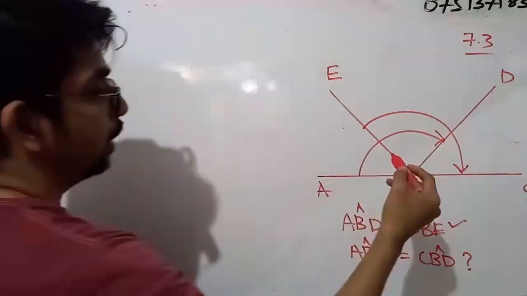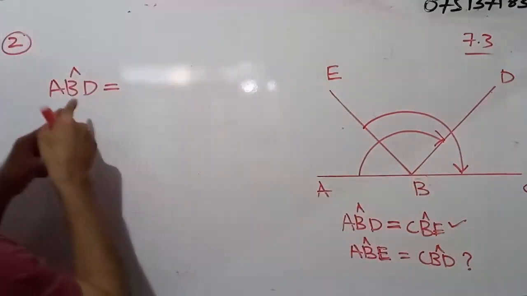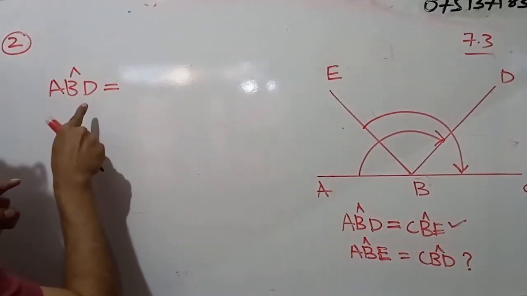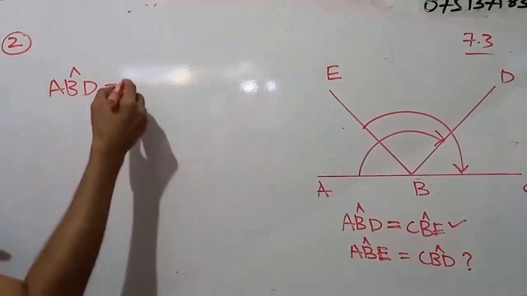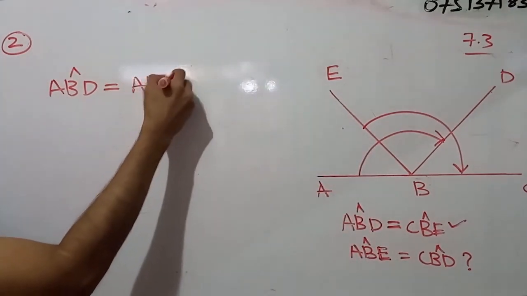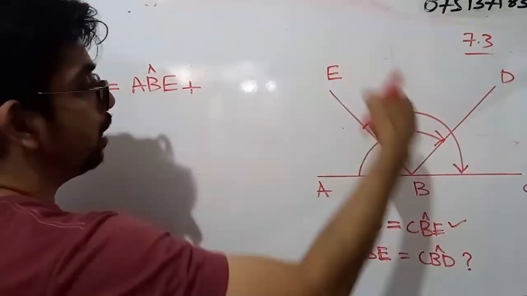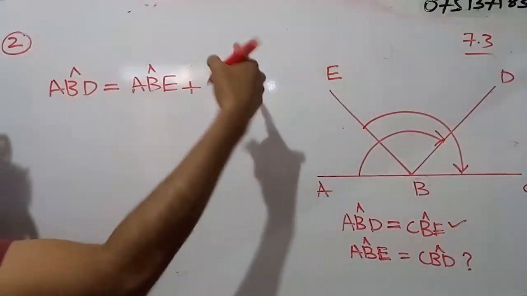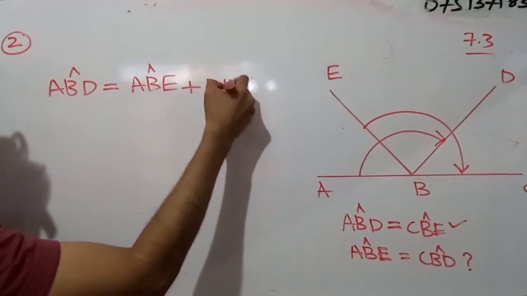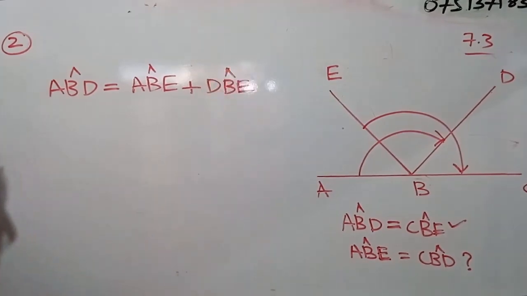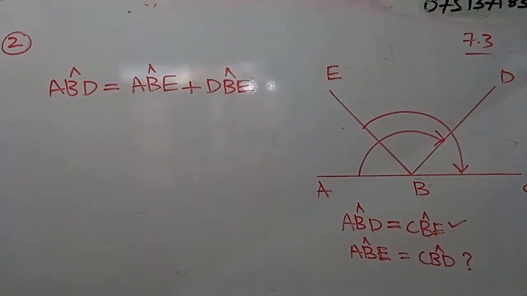There are two angles inside this whole angle which is ABD. What is that? ABE angle plus EBD angle, or DBE angle, right? I'll say DBE angle.